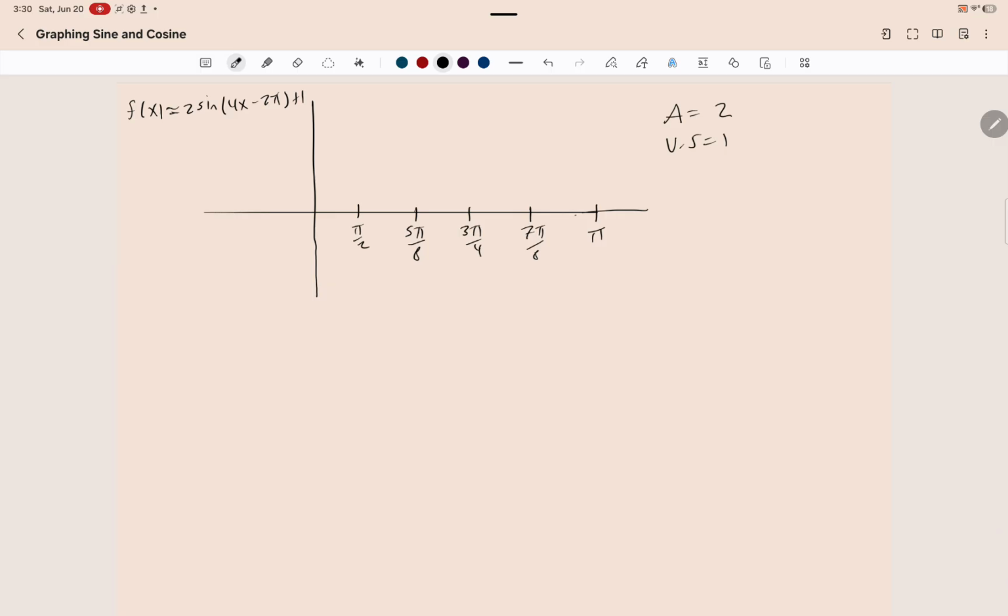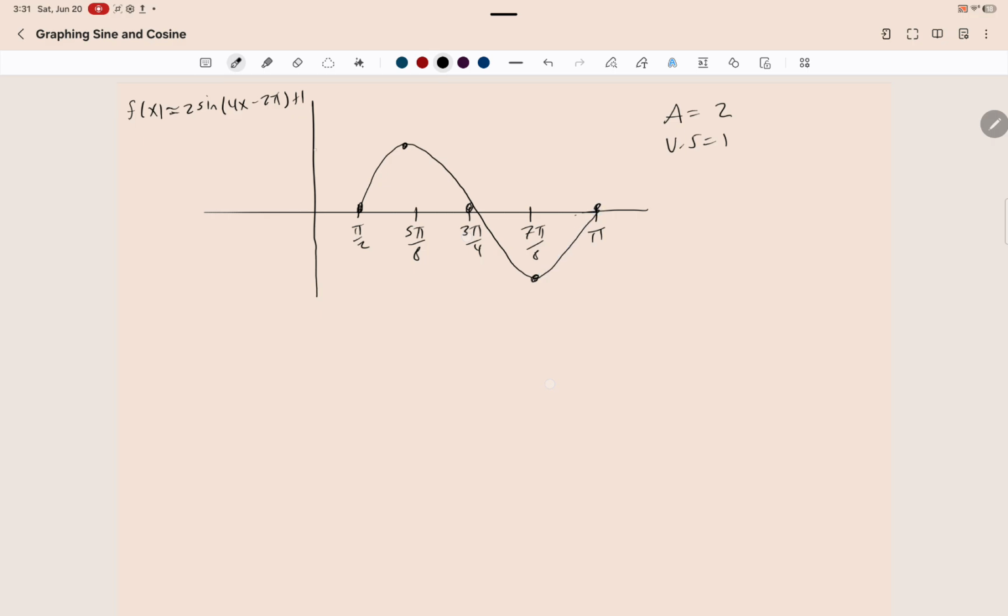Now, here, since we're graphing the sine function, remember for the first step, it's just these 5 points here. We just draw the typical basic sine function. Remember, it's just a relabeling. That's how you could think of it. So we just connect it.